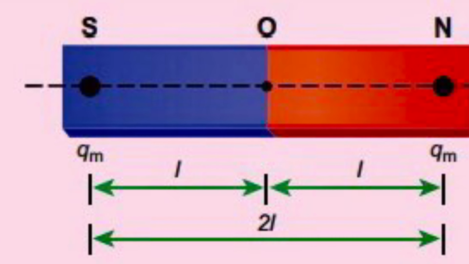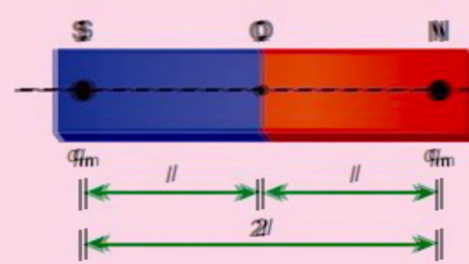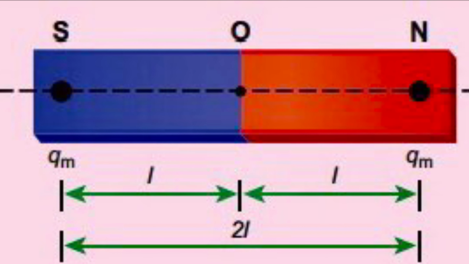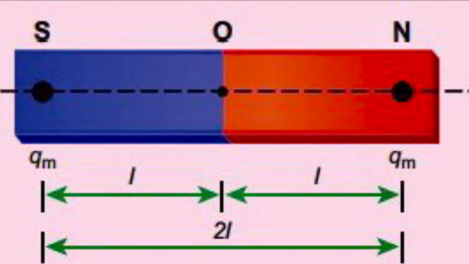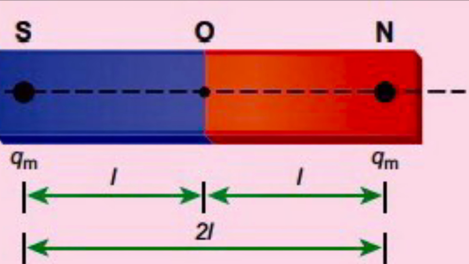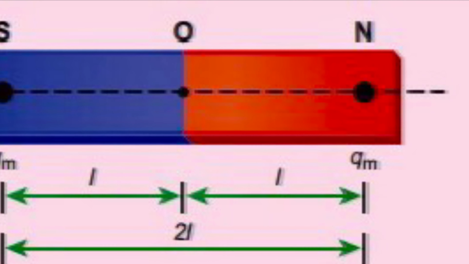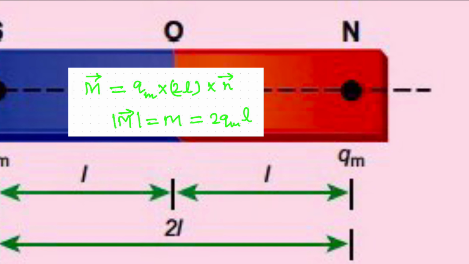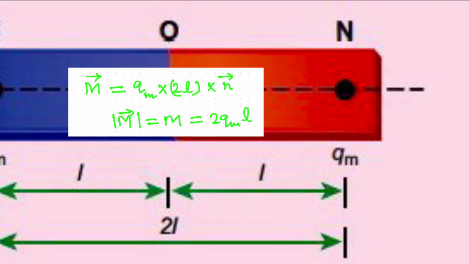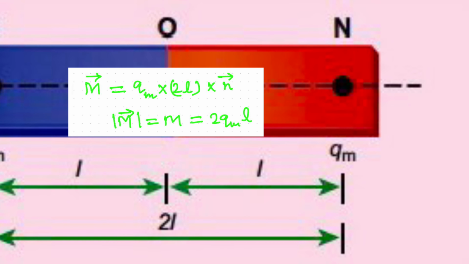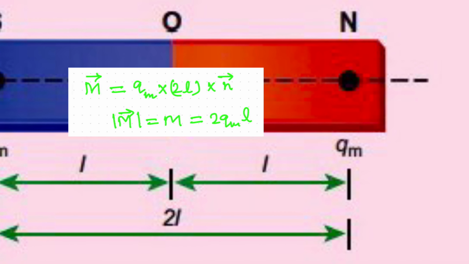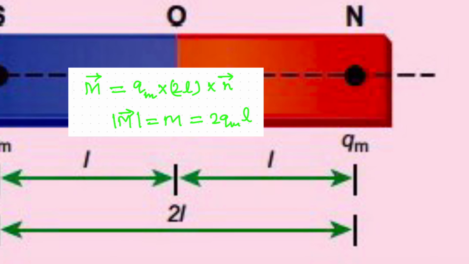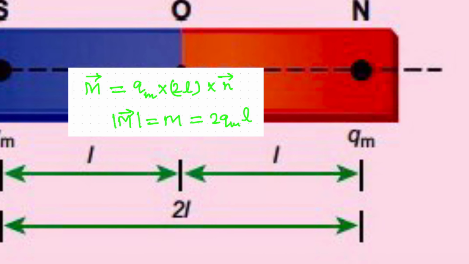Friends, do you know that a magnet has its magnetic moment? So, what is a magnetic moment? The magnetic moment of a magnet is defined as a vector quantity having magnitude equal to the product of pole strength and effective length, and it has a direction along the axis of the magnet from the south to the north pole.